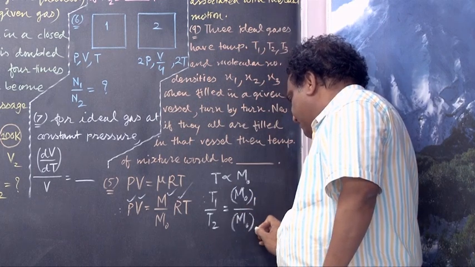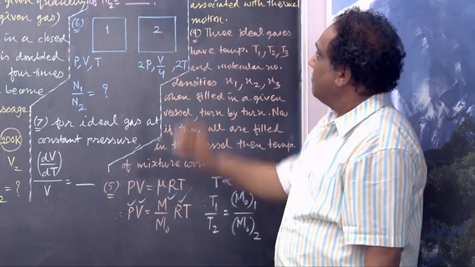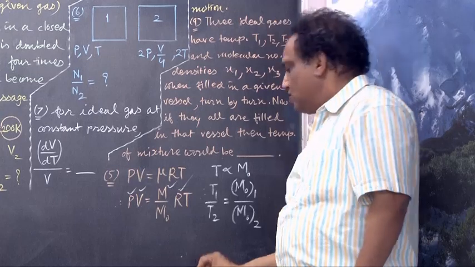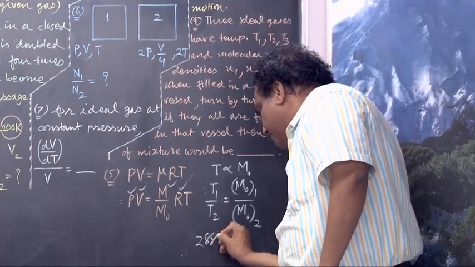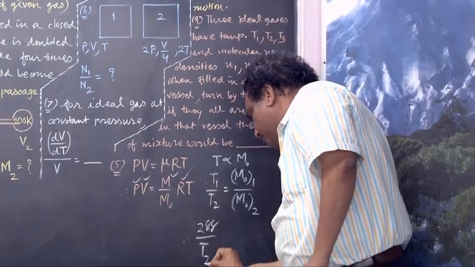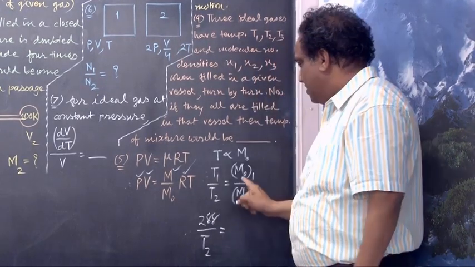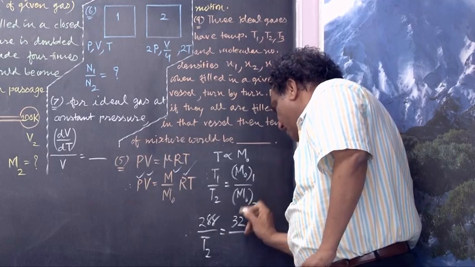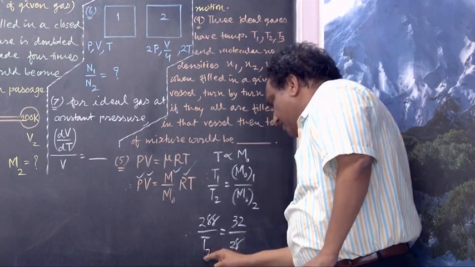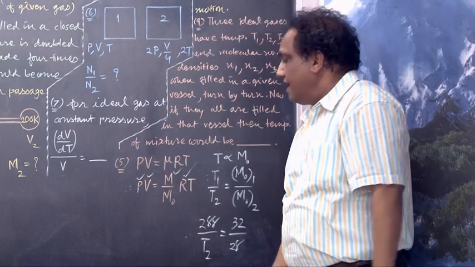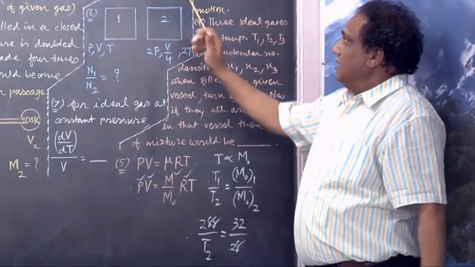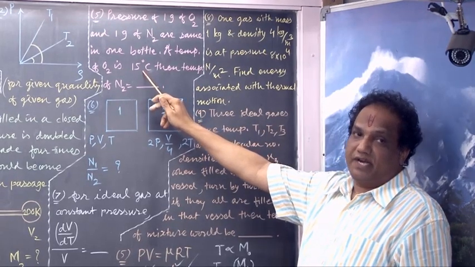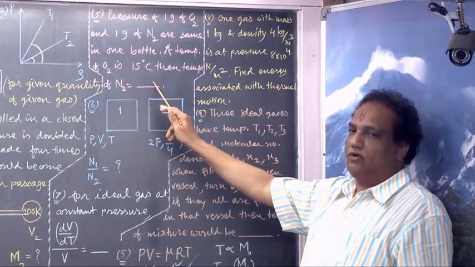Take oxygen gas as first gas, whose temperature you are given 15 degrees centigrade. 15 plus 273, which is 288 Kelvin. This is T2, temperature of nitrogen. What about molecular weight for oxygen? 32. For nitrogen it is 28. Simply find out T2. Because first temperature you are given for oxygen in degree centigrade, for nitrogen also you must find out in degree centigrade.